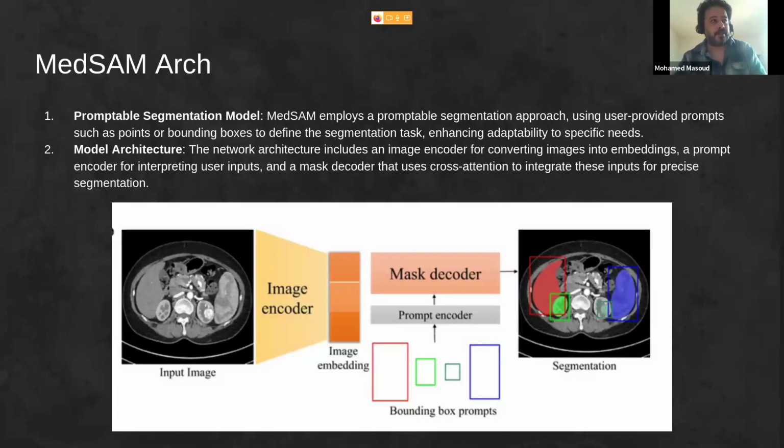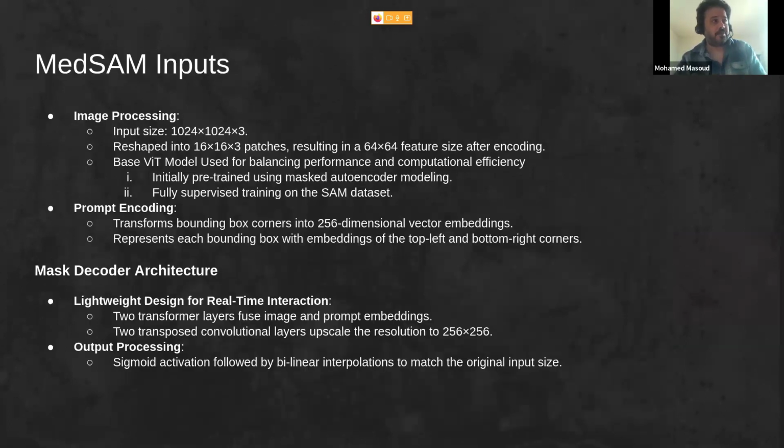Here, this is almost the same architecture. Only the input and output are medical images, and there are not a lot of changes except for the fine-tuning part we talked about.